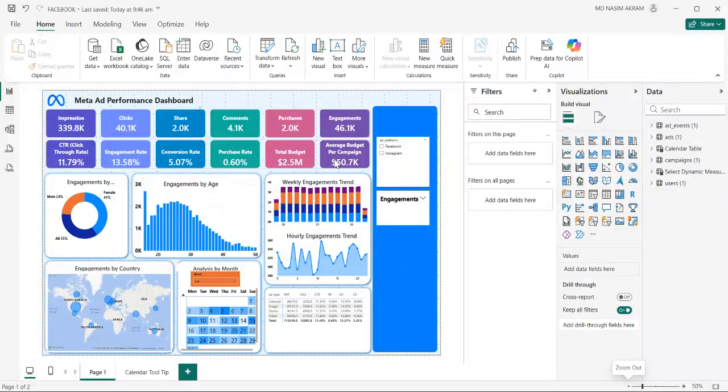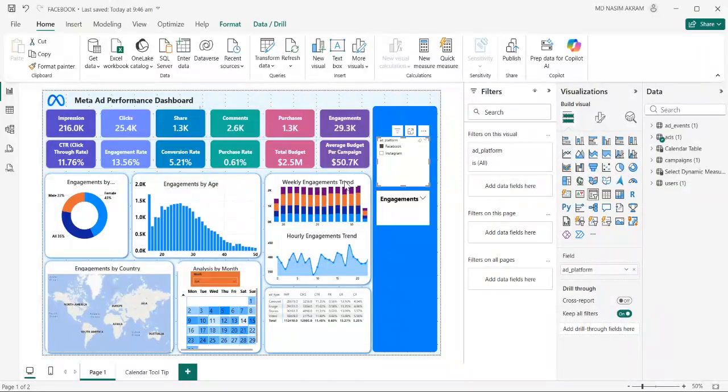So first, we have made a slicer here that you see on the right-hand side at the top. When we click on the slicer, let's say we click on Facebook, we will get insights for Facebook. If I talk about the purchases, we actually had 1.3k purchases through that campaign on Facebook.